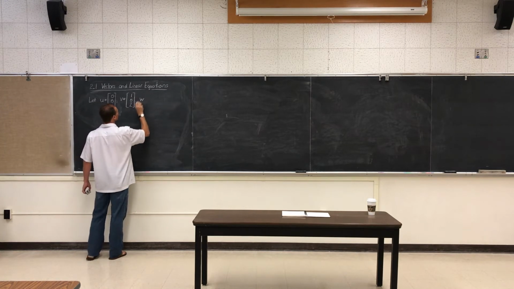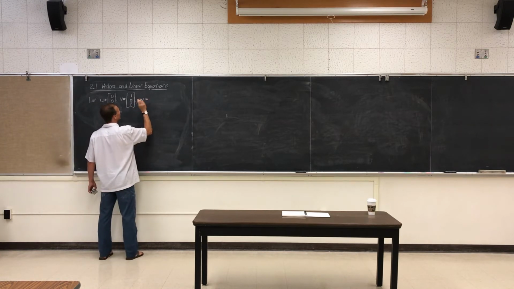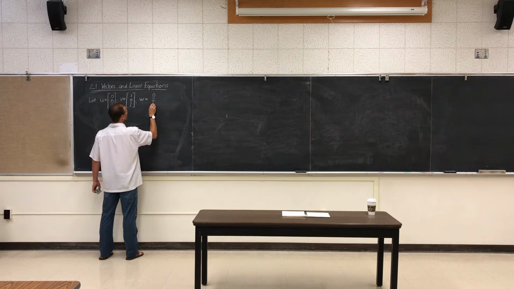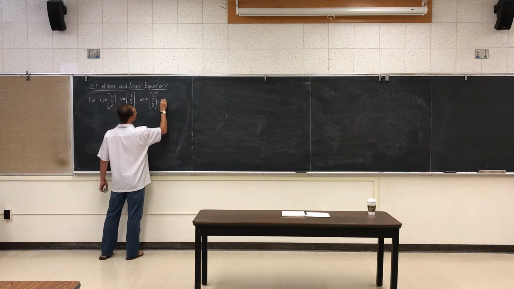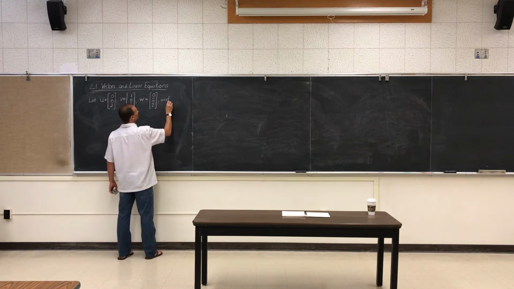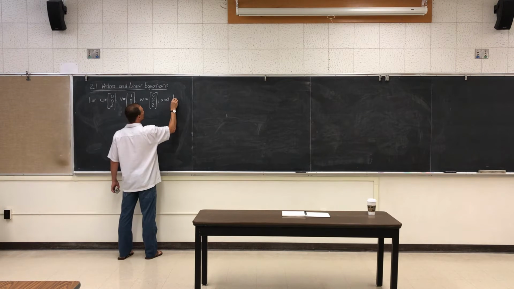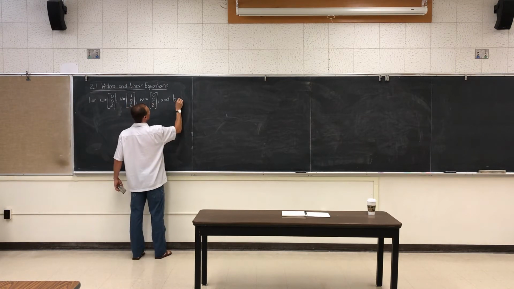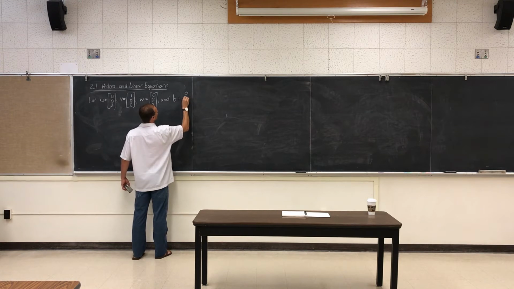W, we need three vectors now, W is going to be 0, 2, 2. And we need one more, how about B? B will be the vector 0, 2, 4.